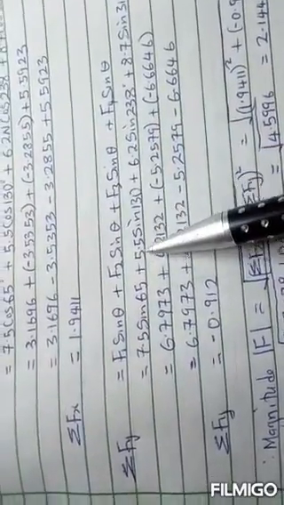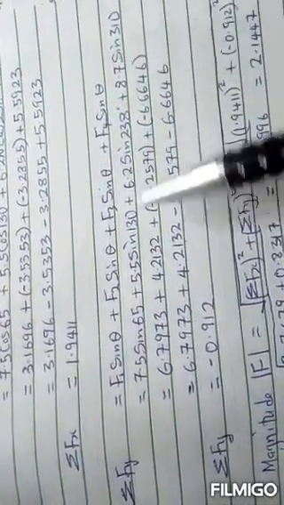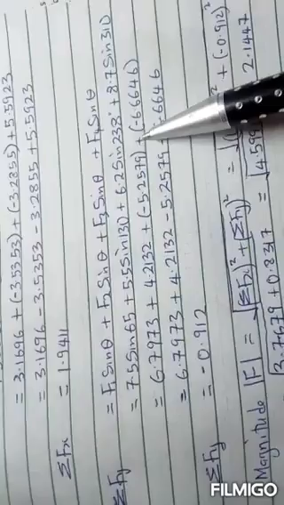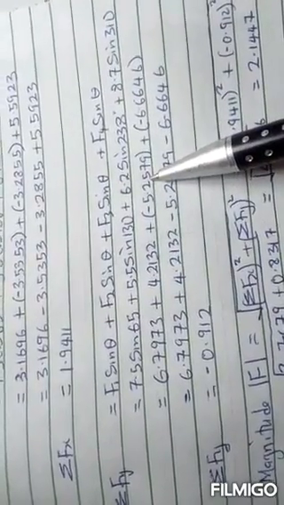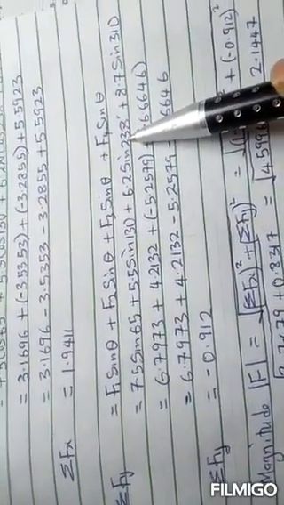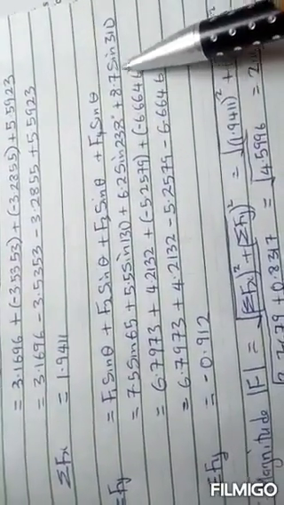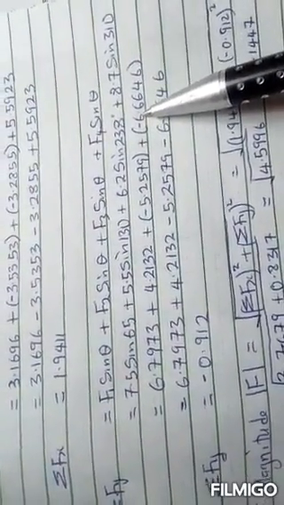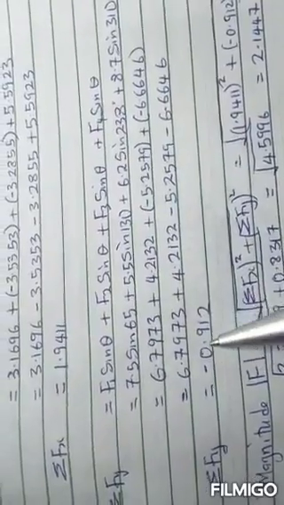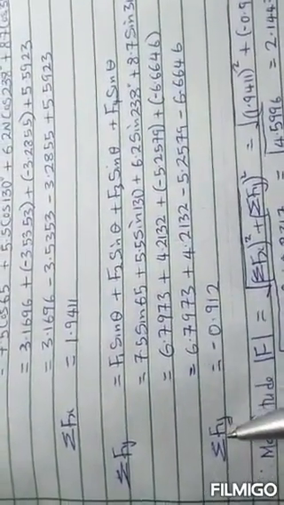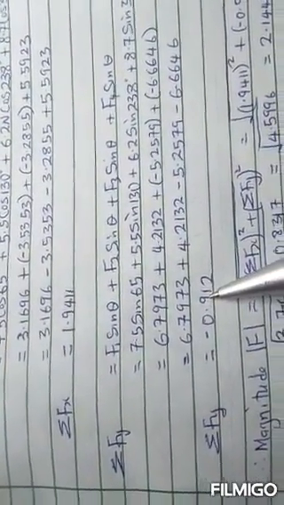Change it to sine. Every other value is constant here. So when you compute it, the ones that will give you negative are there because sine is negative in the 3rd quadrant. That's why you have it here. Sine is also negative in the 4th quadrant. That's why you have it negative here. So when you compute, you have this value. So see, this is the sum of all the vertical forces.